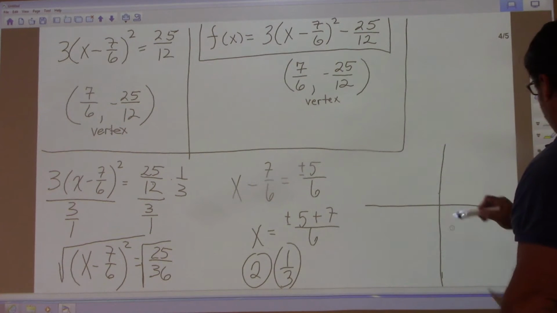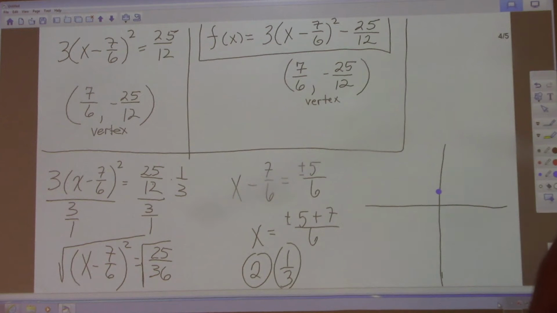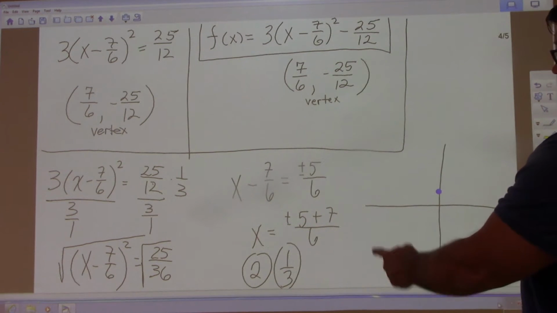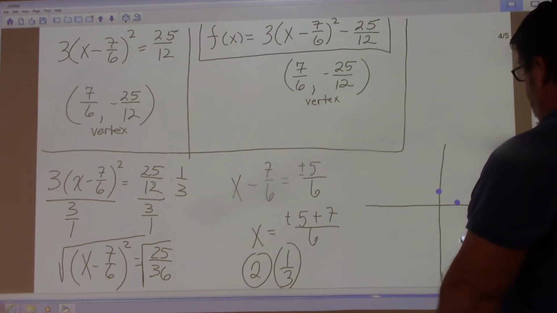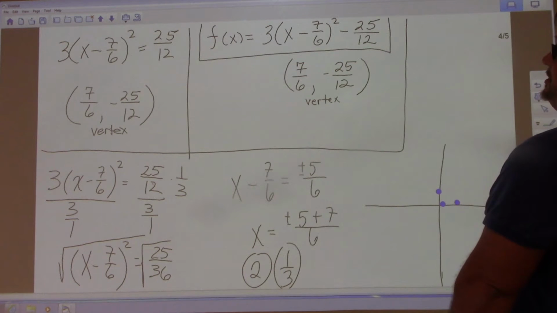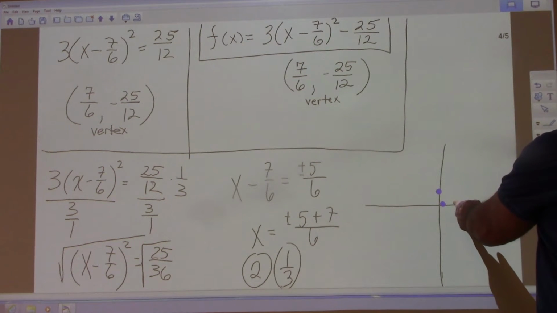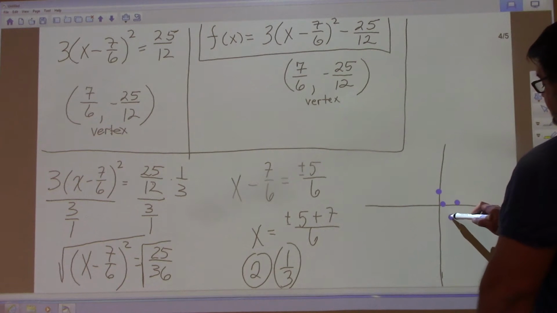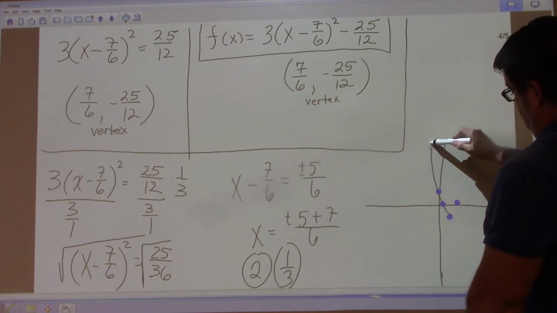Let me just do this. And intercept on the x is 2, and 1/3. And vertex is 7/6, that's 1 and a 6th, and -2. Is that what y'all's looks like?